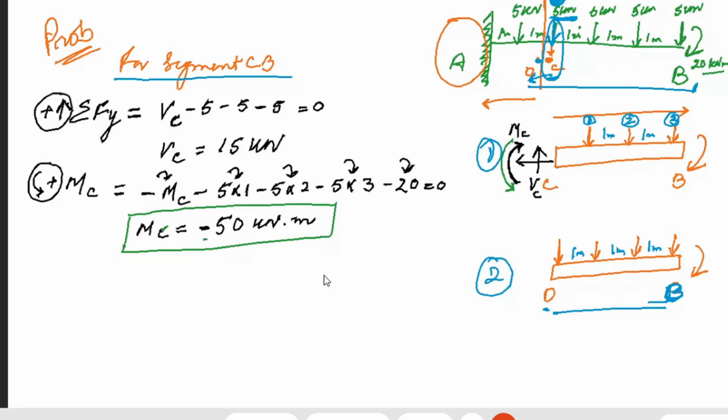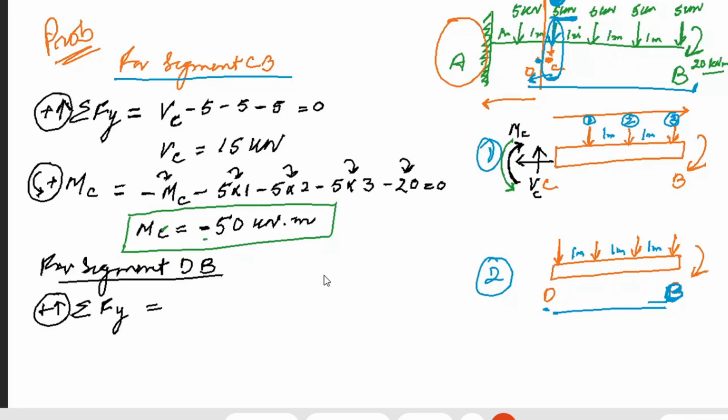Then we have segment DB. You can again calculate the summation of forces in y direction. Again, notation is positive upwards.